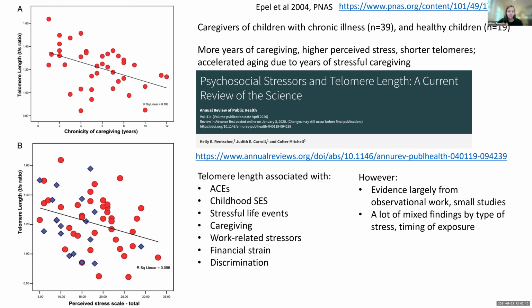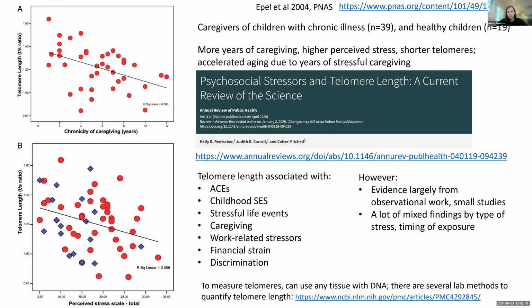Childhood is a very strong, sensitive period of development. Prenatal is as well, but that's not to say adulthood doesn't matter as well. So anyway, in the telomeres work, there have been some mixed findings according to timing of exposure. So there's definitely opportunity to continue with this line of research, and in particular filling some gaps and innovating on what's already been described in this review.